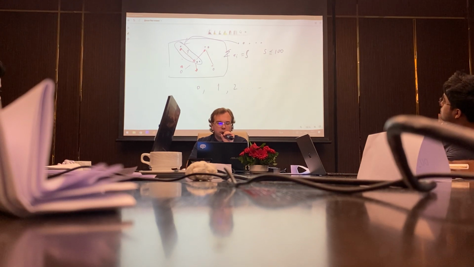So let's first give all vertices 0 tokens, then we'll delete some vertices, and after that we'll give the other vertices 1 token, and we'll continue that process.